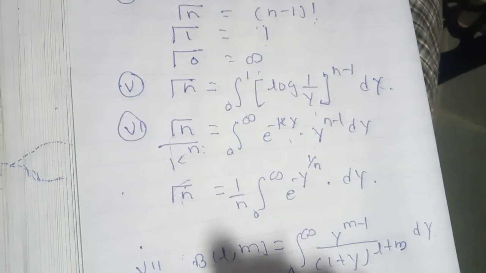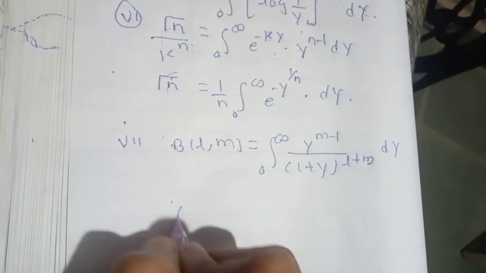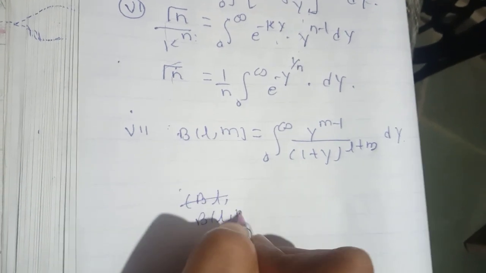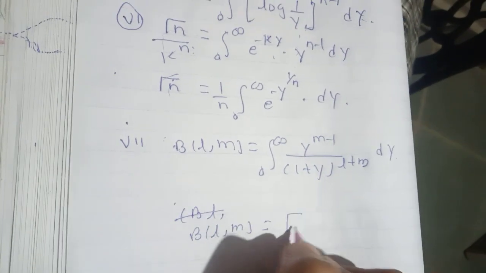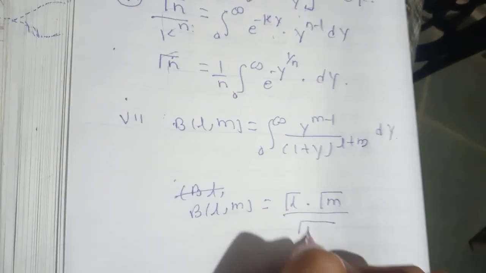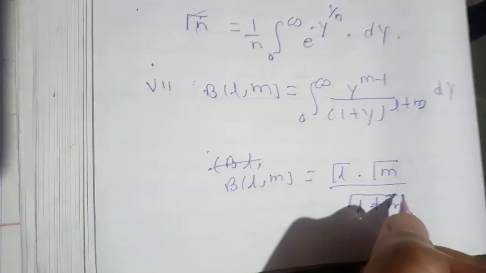Then we see the relation between beta and gamma function, that is beta of L and M is equal to gamma of L into gamma of M divided by gamma of L plus M.